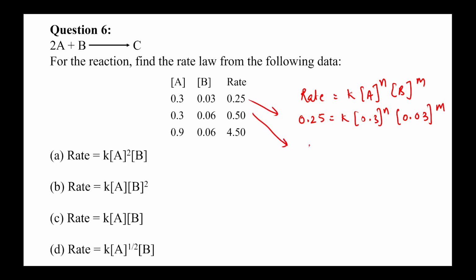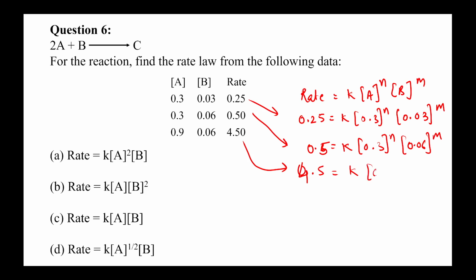For the second one, we can similarly write the rate is 0.5, right, is equal to K multiplied by 0.3 raised to the power of N multiplied by 0.06 raised to the power of M. Same thing we can do for the third one where the rate is 4.5, K multiplied by 0.9 raised to the power of N and 0.06 raised to the power of M. Okay.